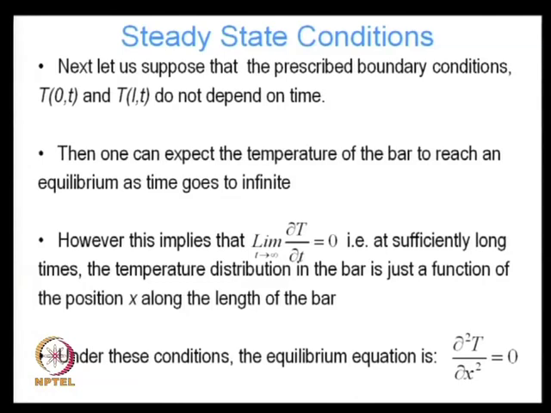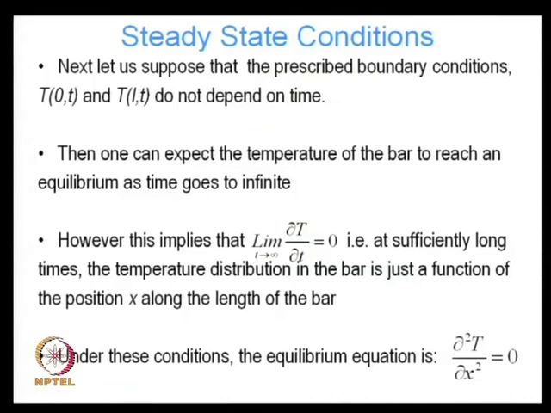Basically the steady state solution says that the solution is no longer varying with time. So, what does that mean? That means the partial derivative of T, my temperature, with respect to time, in the limit small t, meaning time goes to infinity, must be equal to 0, right.